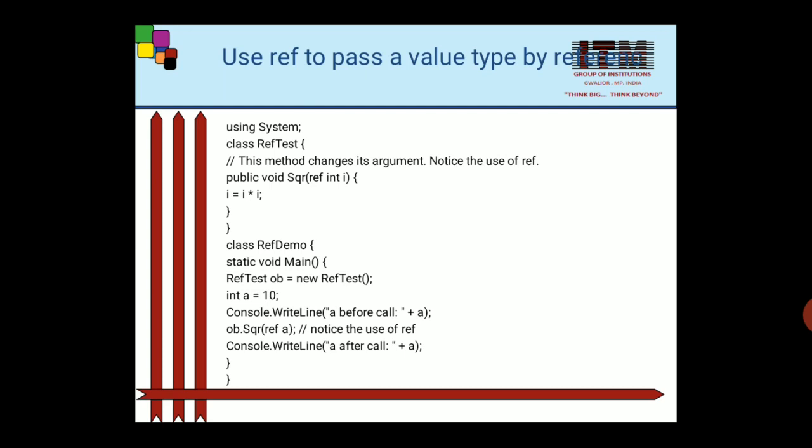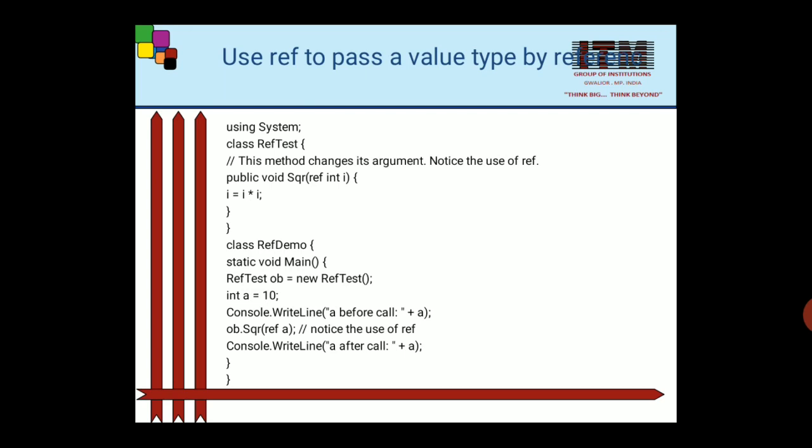Here the ref precedes the entire parameter declaration in the method, and it precedes the argument when the method is called. The output from this program confirms that the value of the argument a was indeed modified by sqr.